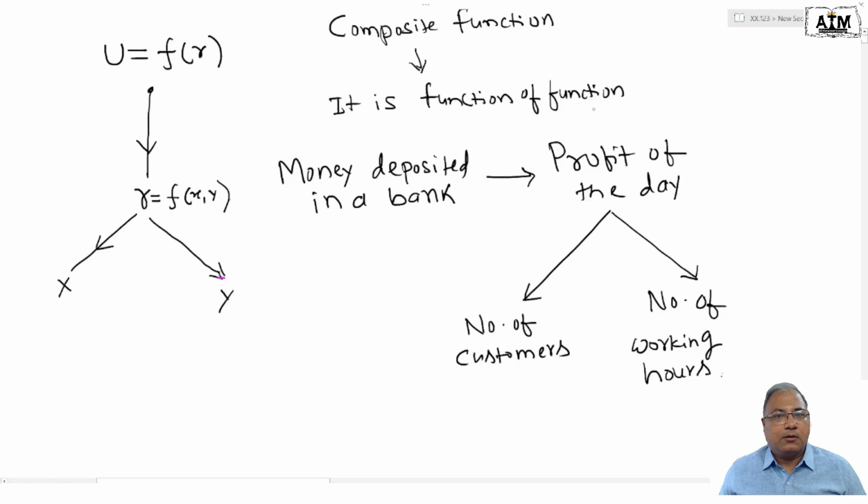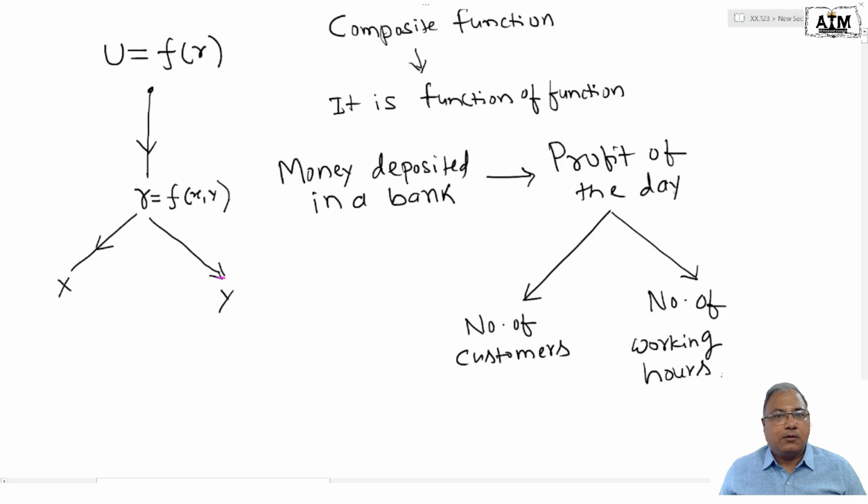For example, suppose we deposit money in the bank. The money deposited in the bank will depend upon profit of the day. If more profit, more money can be deposited, and less profit, less money can be deposited in the bank.